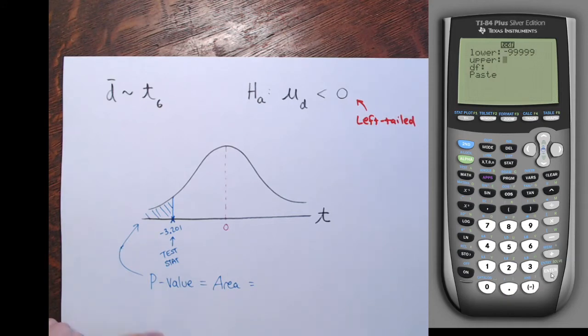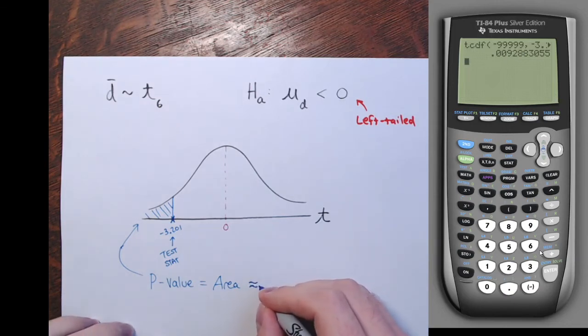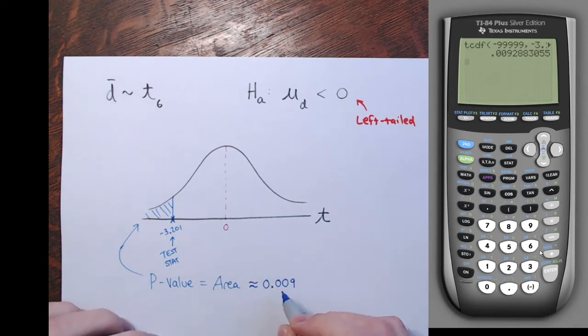And the upper boundary is my test statistic, negative 3.201. And the number of degrees of freedom for this distribution was 6. And this area is approximately 0.009, rounding to 3 decimal places. So you could have found the p-value using your calculator.